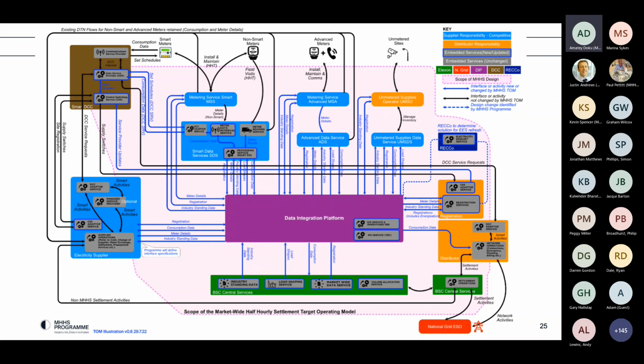So the top one we've got is that the DIP does not replace all the DTN market flows. Do the business process diagrams and description contain all of the DTN flows that remain in each process? If the DTN flow, as I understand it, and what I've seen of the business process models, is used to provide the service as part of provide the market half-hourly service, yes, they are included.